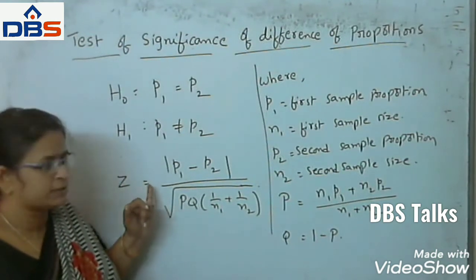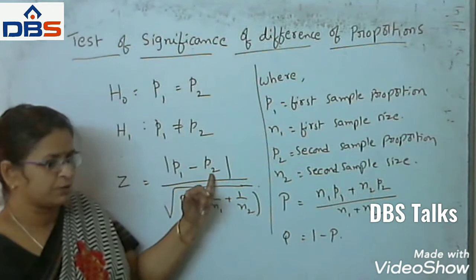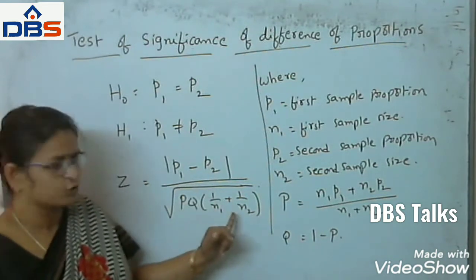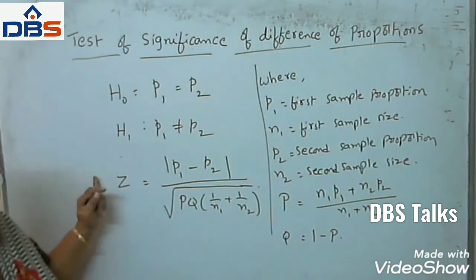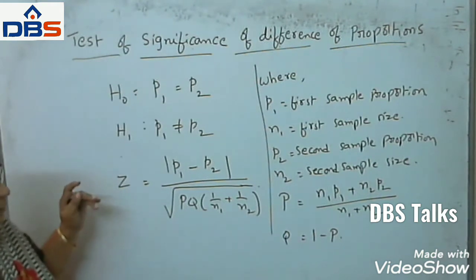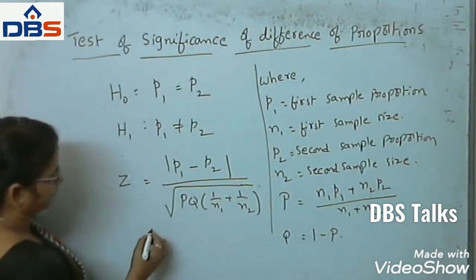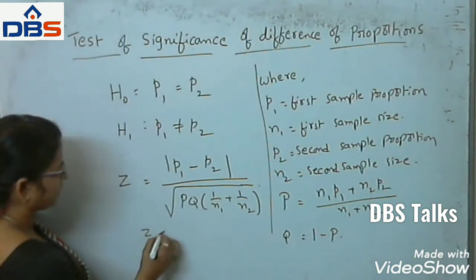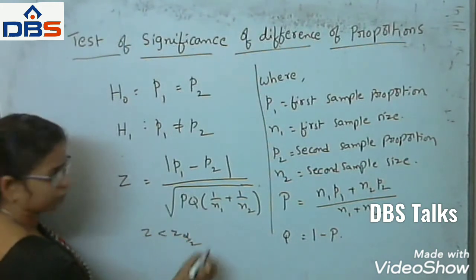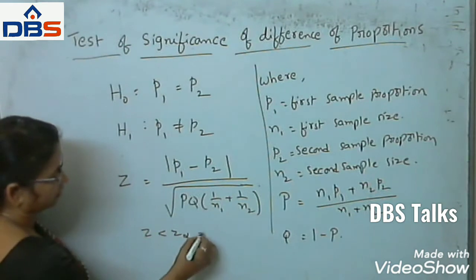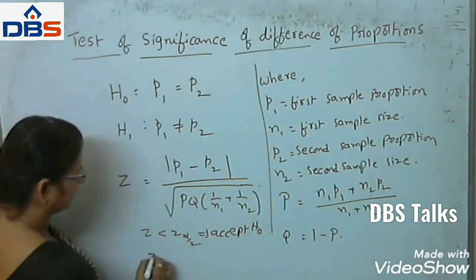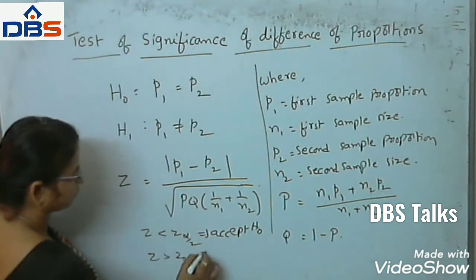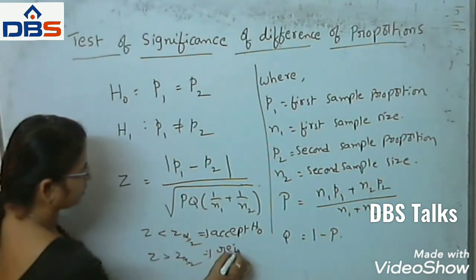The formula of Z is modulus P1 minus P2 by root of PQ into 1 by N1 plus 1 by N2. After calculating Z, we go for the table value Z alpha or Z alpha by 2. If Z is less than Z alpha by 2, we accept H0. If Z is greater than Z alpha by 2, we reject H0.